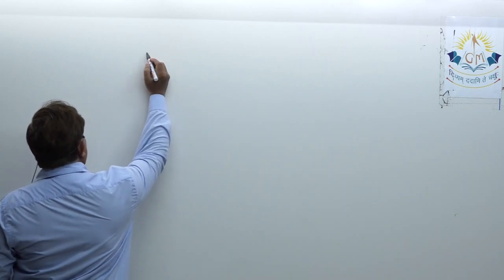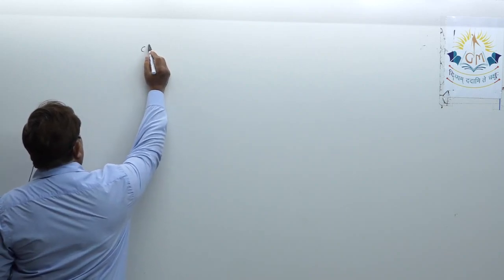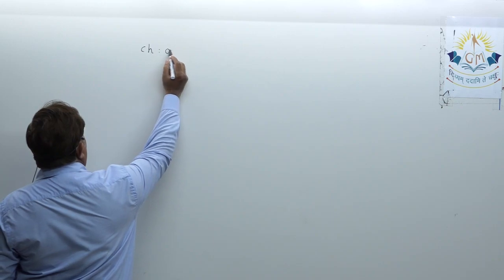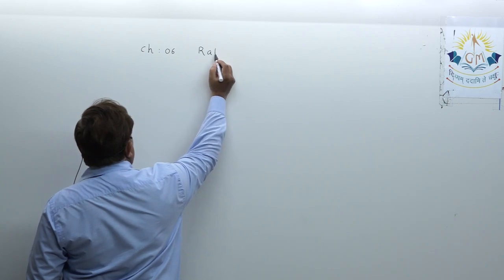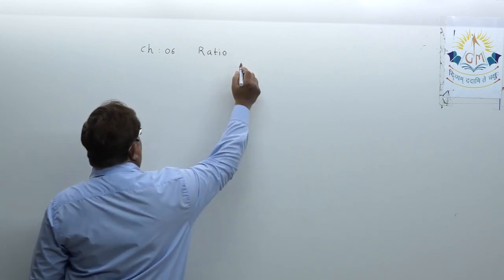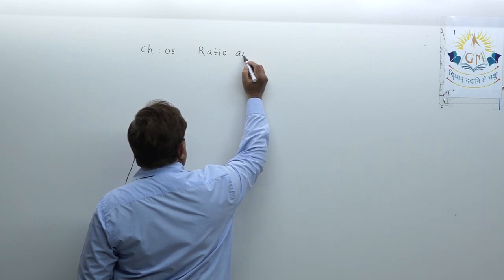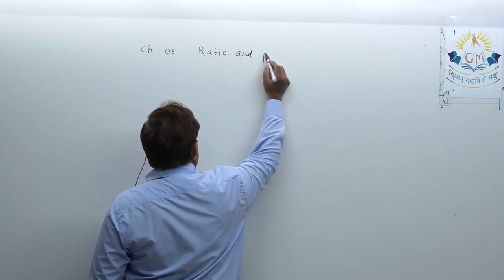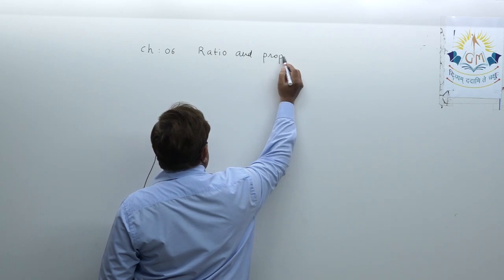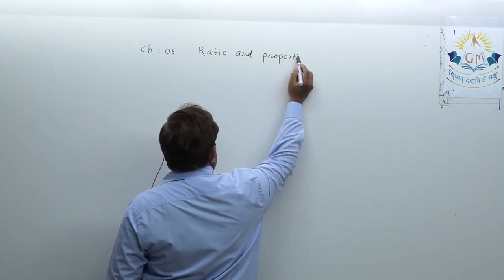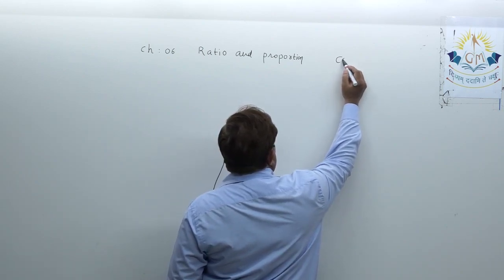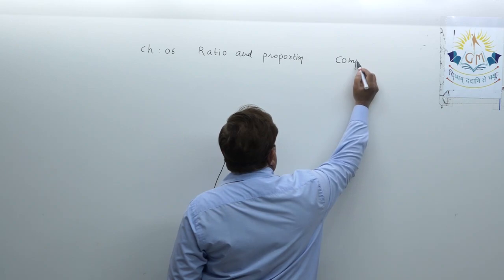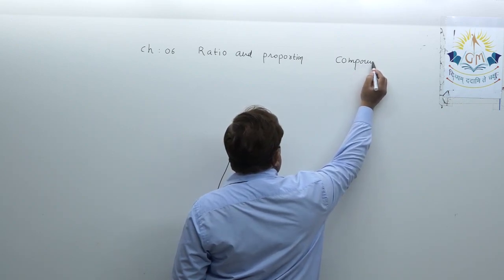See the title of the chapter. First, dear student, chapter 6. The name of the chapter, as you know, I have to write, is ratio and proportion. In that, you are attending the topic of compound interest.